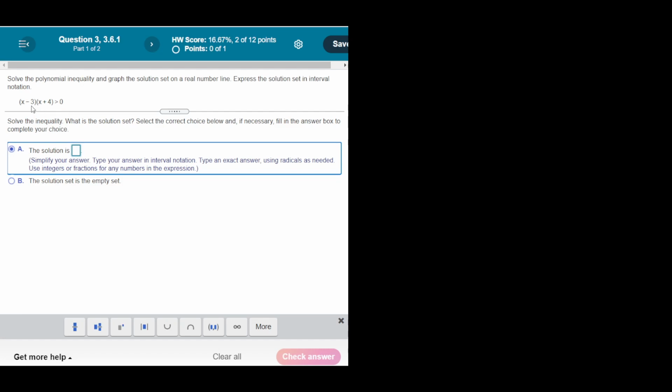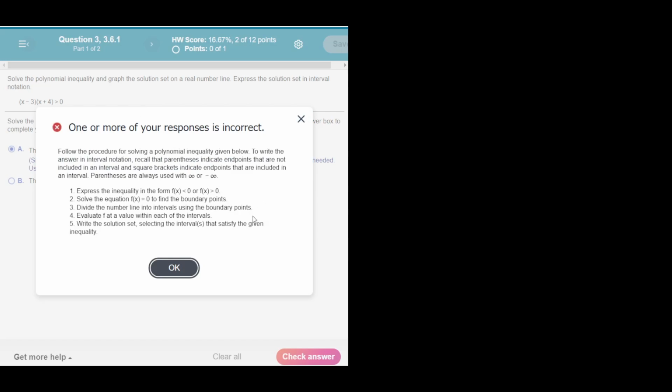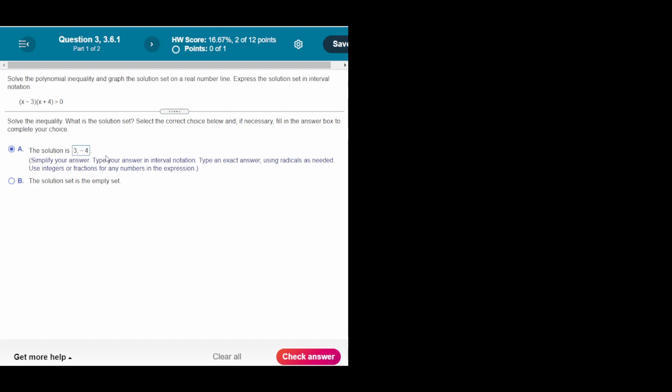When you factor it, which is already factored, the answer is going to be the opposite of what we have here. So let's just write 3, comma, -4 and see if they let us get away with it. Oh, simplify your answer. Oh, it does say use interval notation, derp.